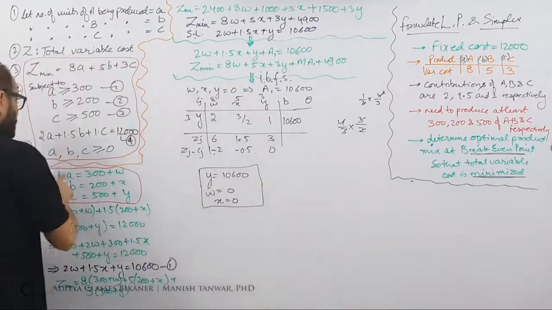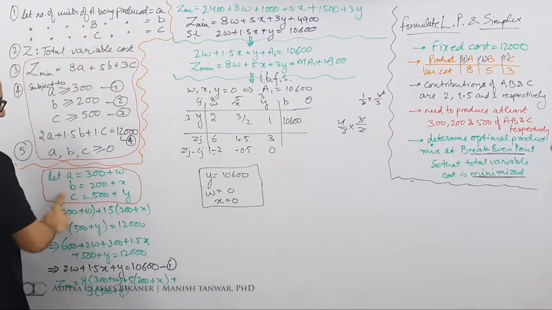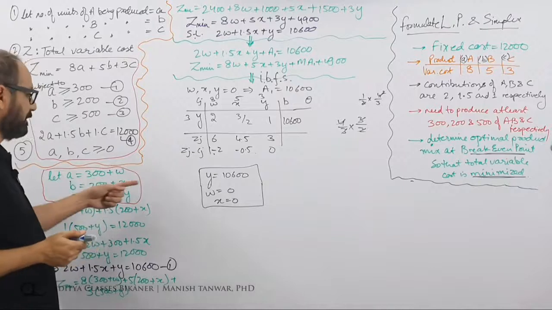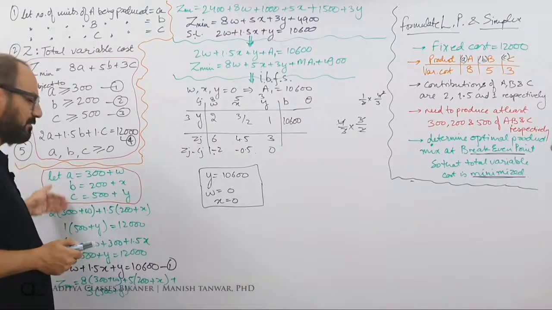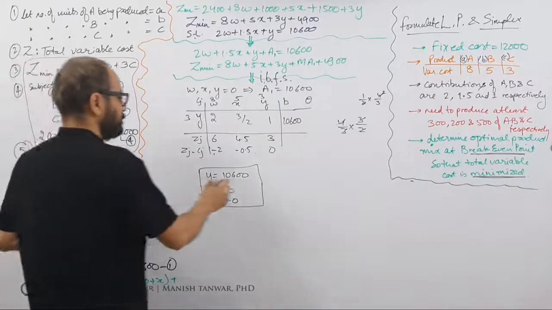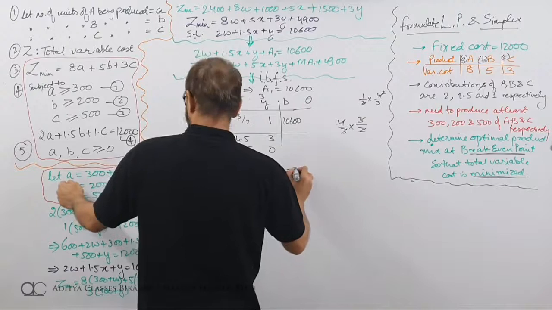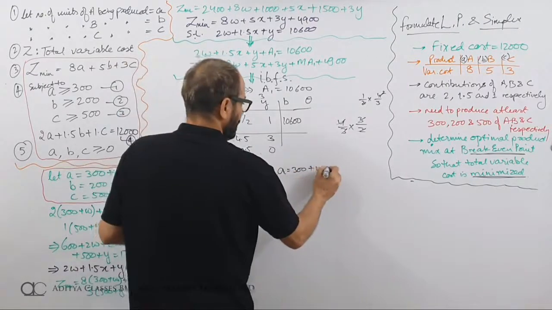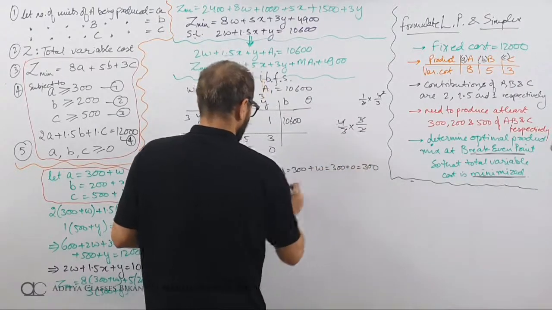Rather, I was asked about number of units of A, number of units of B, number of units of C, that is A, B and C. Now, if I know that x is 0, w is 0, and y is 10,600, can I not substitute them over here? So A is equal to 300 plus w, making it 300 plus 0, making it 300.